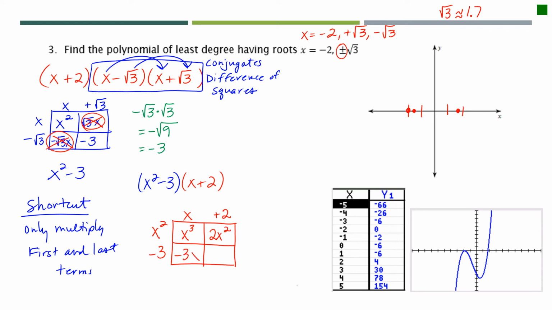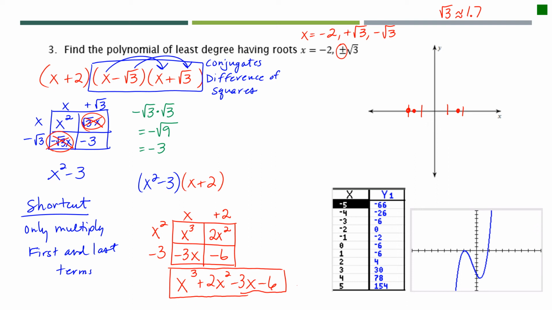Negative 3 times x, and then negative 3 times 2 would be negative 6. So now I don't have any like terms. They all use x, but they don't have the same exponents. So my final answer is going to be x cubed plus 2x squared minus 3x minus 6. And it is important that you write it in descending order. That means your exponents start from the biggest and go to the smallest.